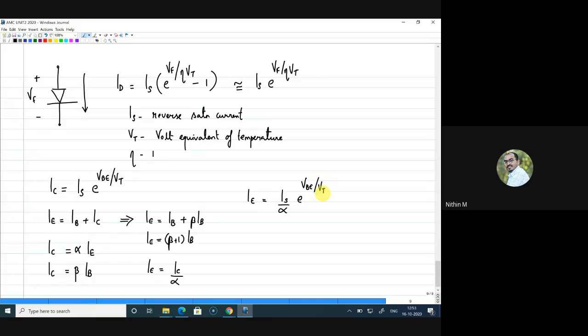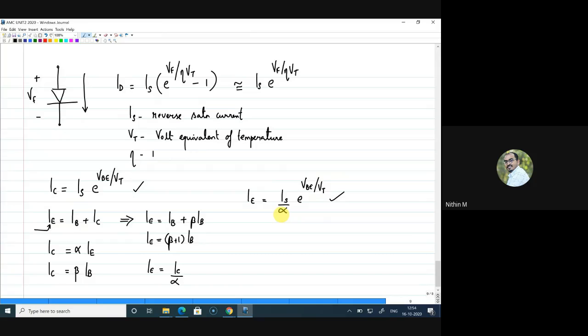Emitter current and collector current are almost equal, but the difference is actually the base current. That is what you will see in both expressions: the only difference is the alpha in the denominator, and alpha is very small, lesser than 1.